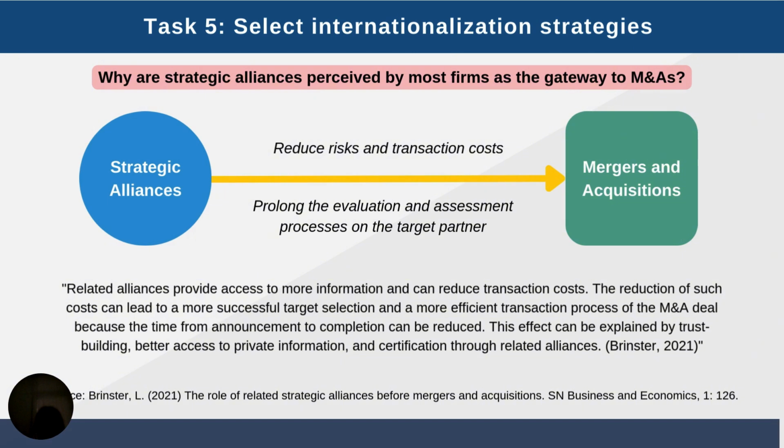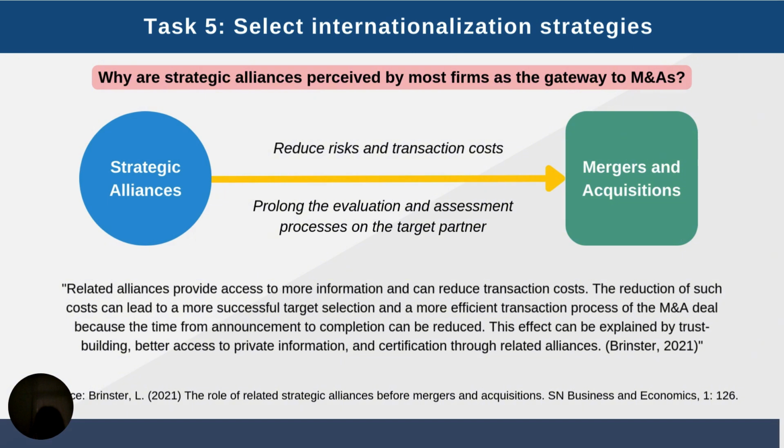During the cooperation period, they will have more access to the partner's information and see if it is really worth buying. If the cooperation goes well and the firm finds that the target partner does have certain valuable assets it requires, then the M&A deal is mature and can proceed.